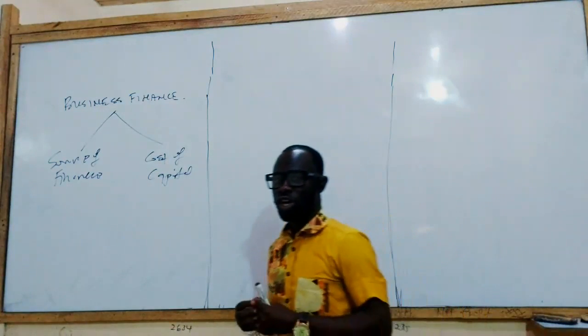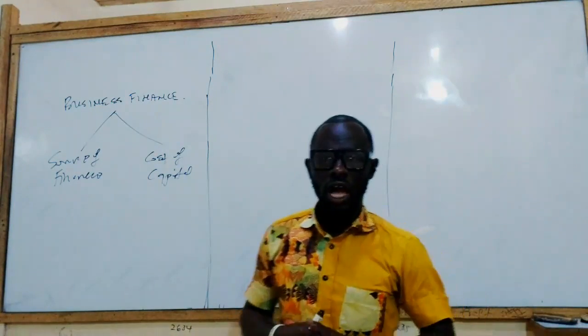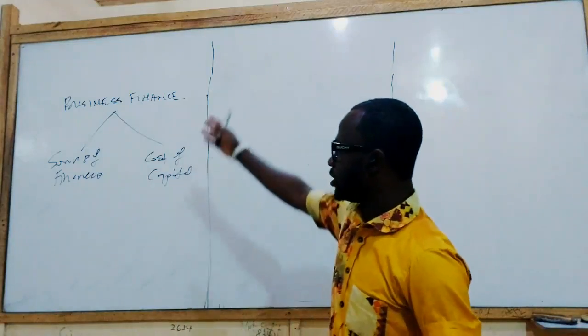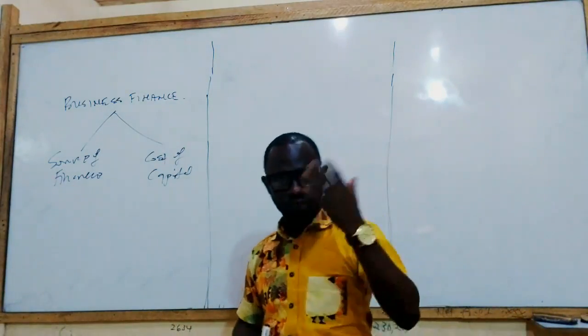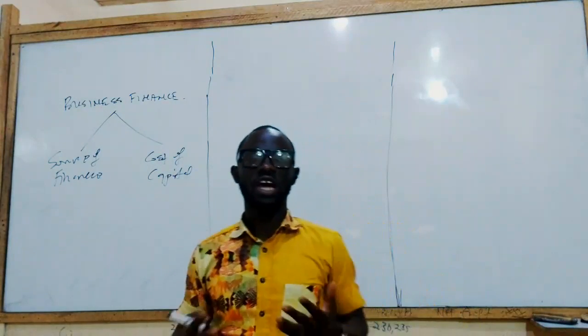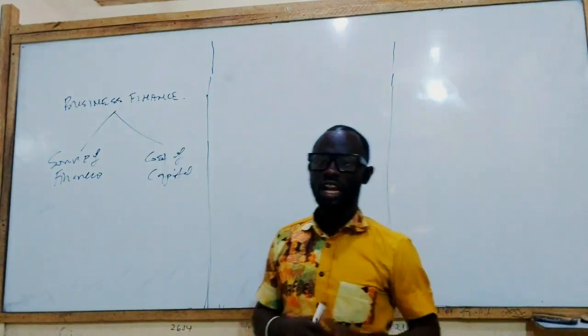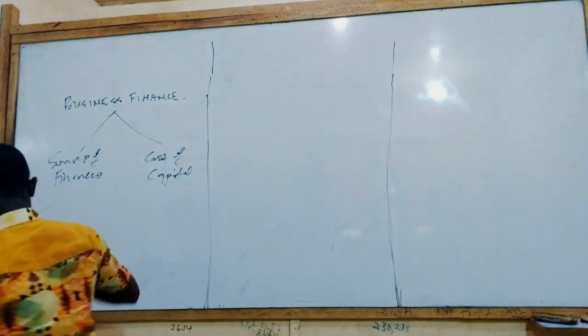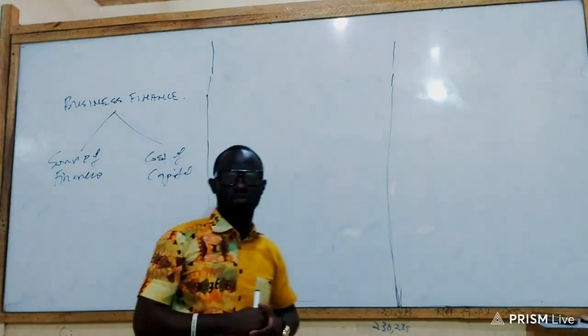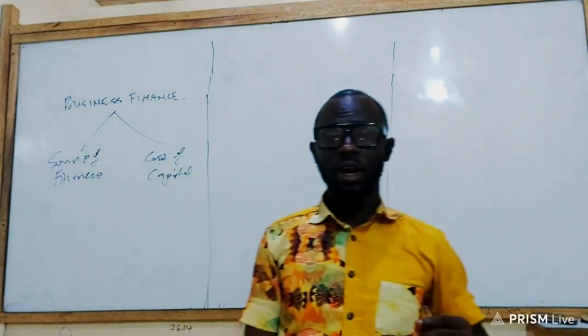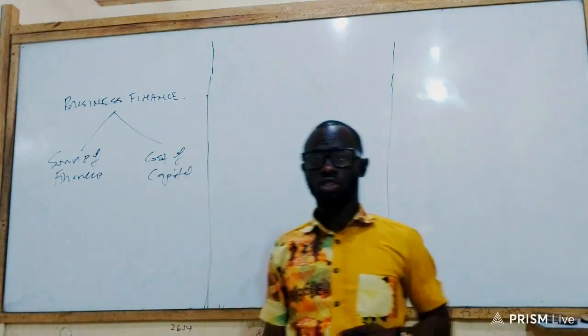One of those 4 key roles is in relation to financing decisions. With financing decisions, we are asking ourselves 2 questions: where do we get the money from, and what is the cost of that money?